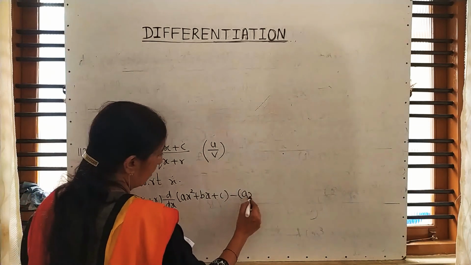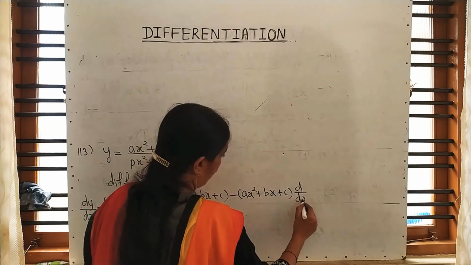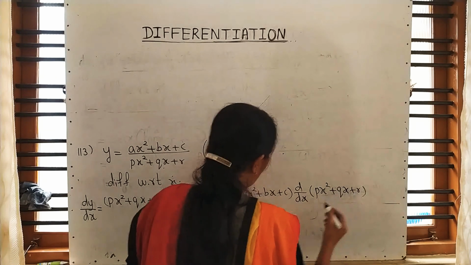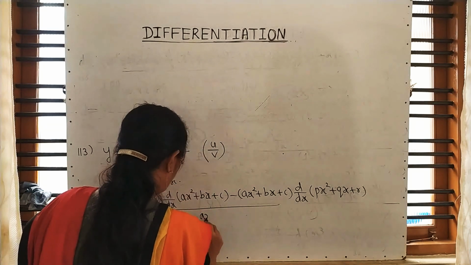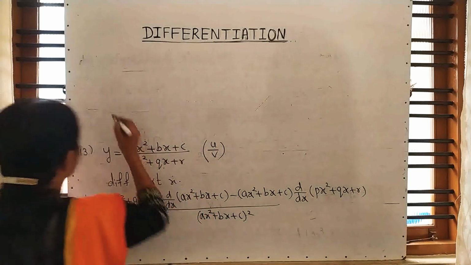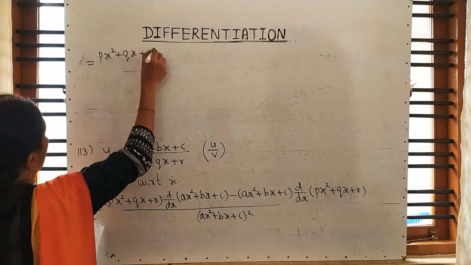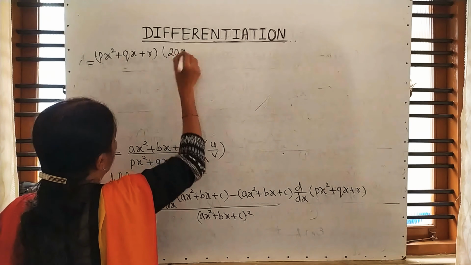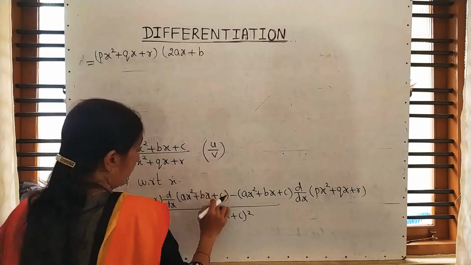That's why I am writing the solution directly. Px square plus qx plus r as it is. Differentiation of ax square is 2ax, because a is constant, x square is 2x, plus b. Differentiation of x is 1.